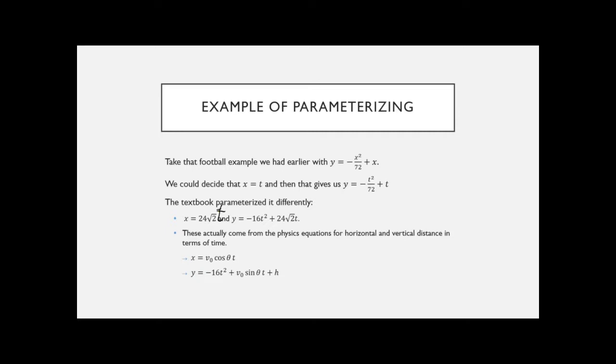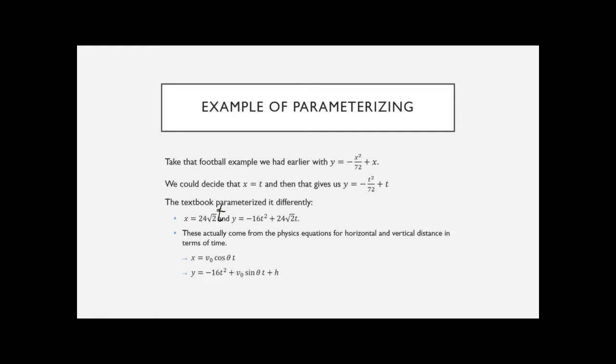And those are actually coming from physics equations for projectiles with horizontal and vertical distance. So the book decided to use some common equations in physics to write their parameterized equations. And that last one there should be familiar because if you took college algebra with me, we did talk about that equation, negative 16t squared plus v naught.